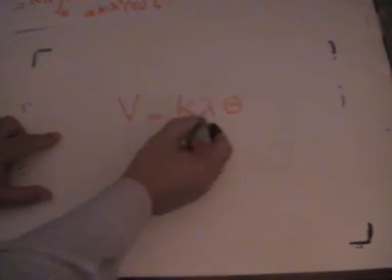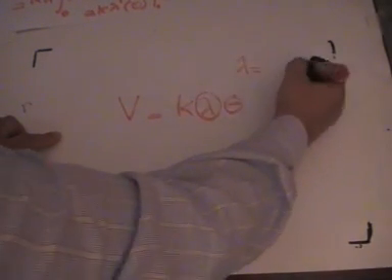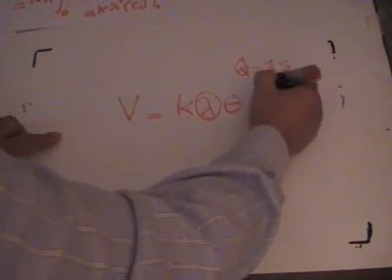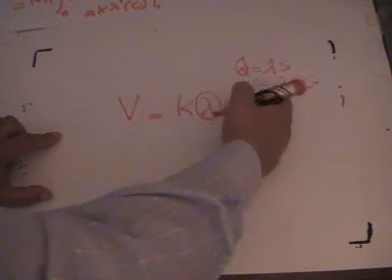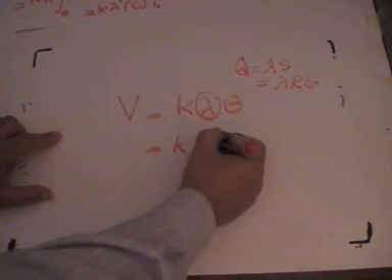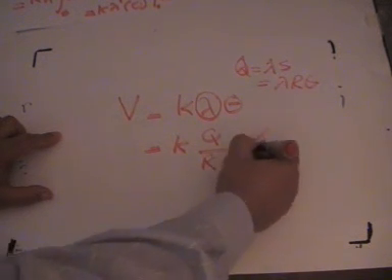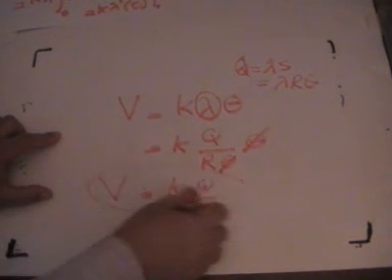But what is lambda? q is equal to lambda multiplied by s, which is lambda r theta. So if I substitute for lambda, V is equal to k q over r theta times theta, which gives k q over r, your usual one. So that's the potential at this point. Thank you very much, and see you inshallah tomorrow.